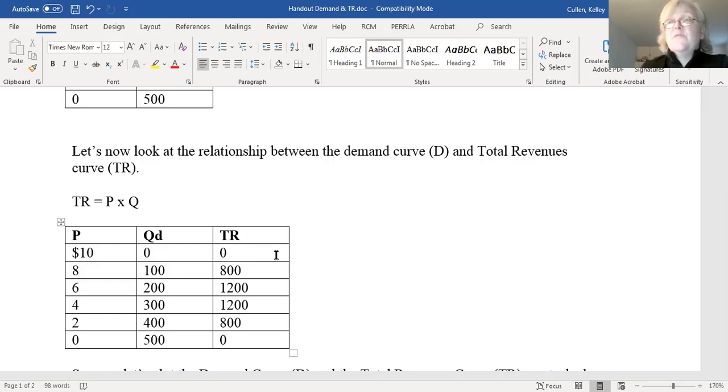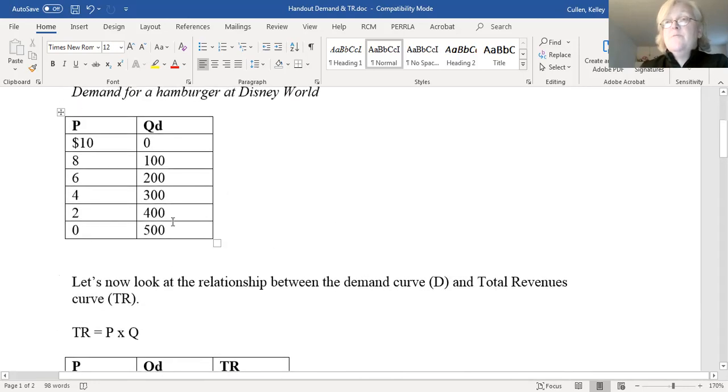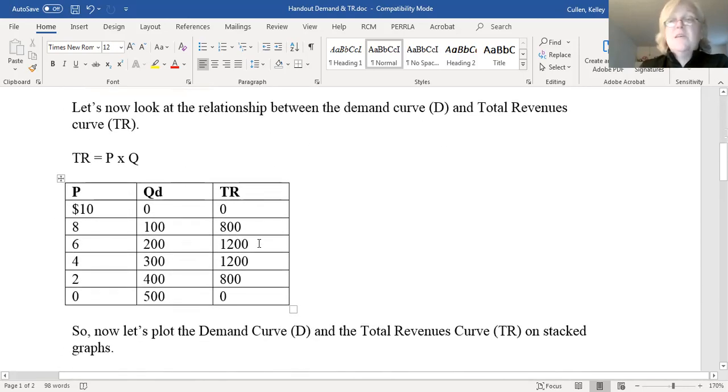If I just expand my table, notice this is the same table from above with the P's and the Q's. All I added was this third column on the right for total revenues. So now I'm going to multiply column 1, price, by column 2, quantity, to get column 3, total revenues. Let's look at the first row.